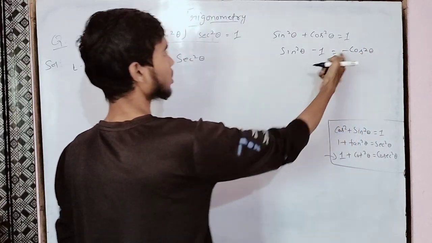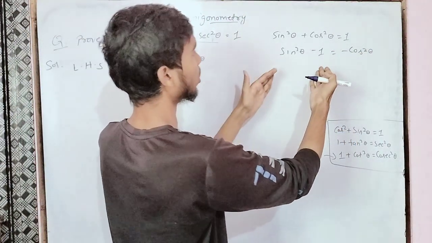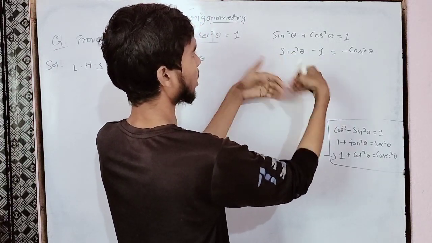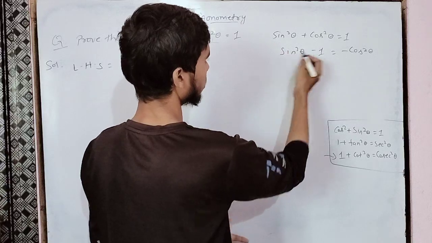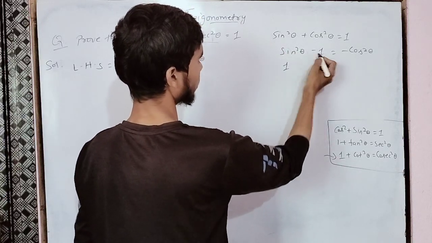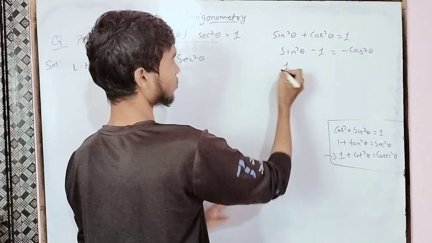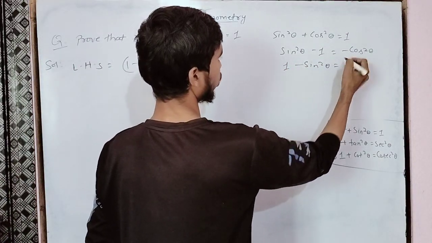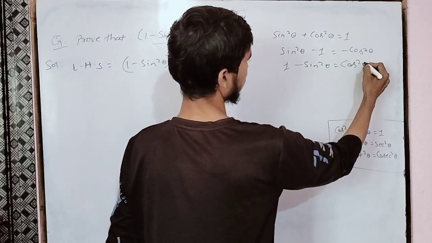Clear? To remove this, you will have to shift operators to the opposite side. How? So here this 1 and this with a minus, this will become plus, and here like this. To remove this, that's all.